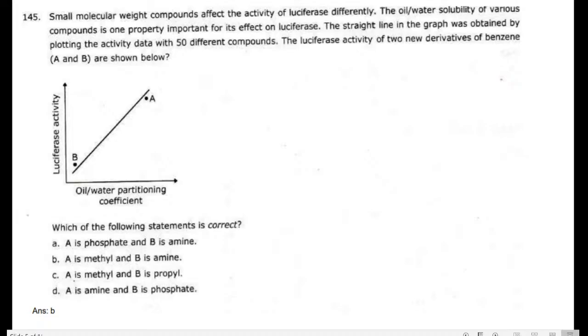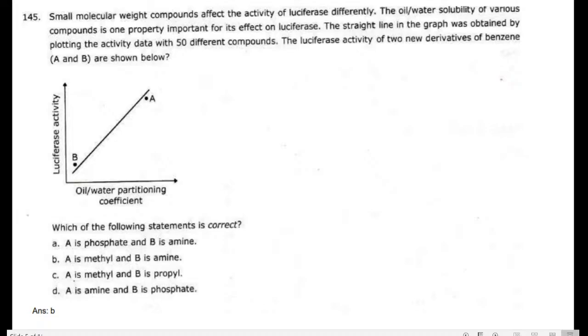The oil or water solubility of various compounds is one important property of their effect on luciferase. Oil or water solubility means non-polar compounds are oil soluble and polar compounds are water soluble. The straight line of the graph was obtained by plotting the activity data of 50 different compounds.